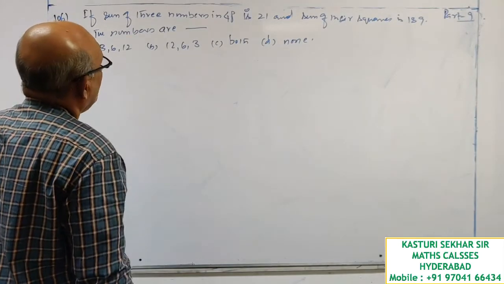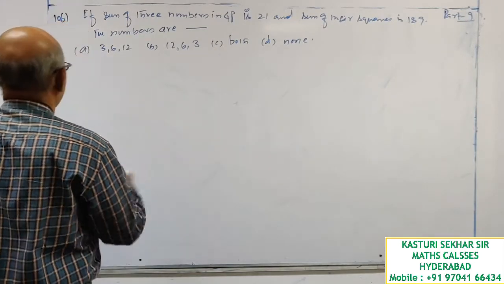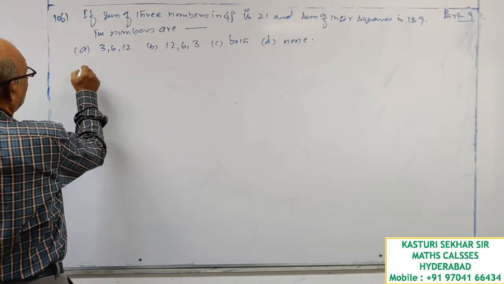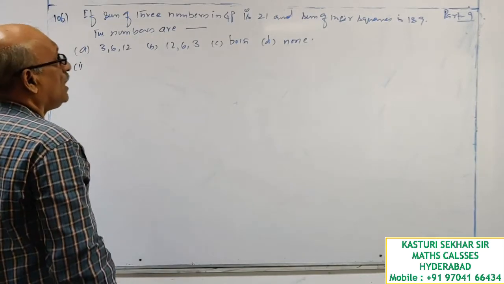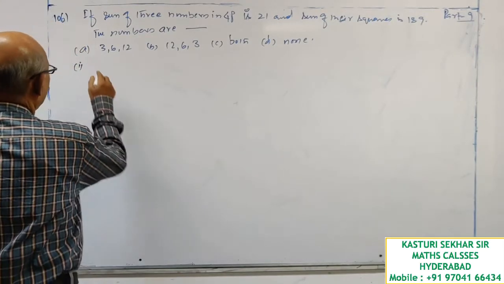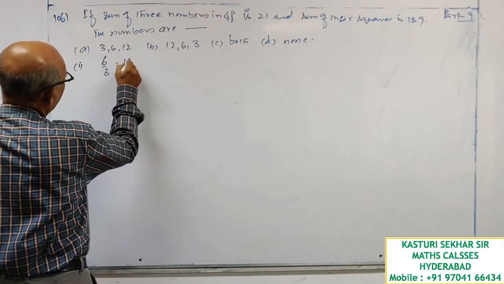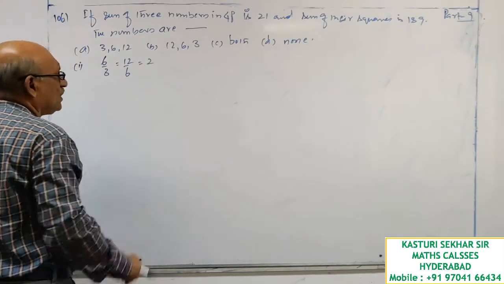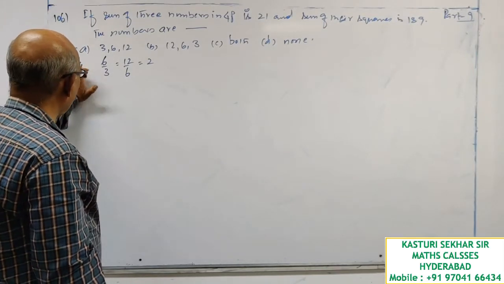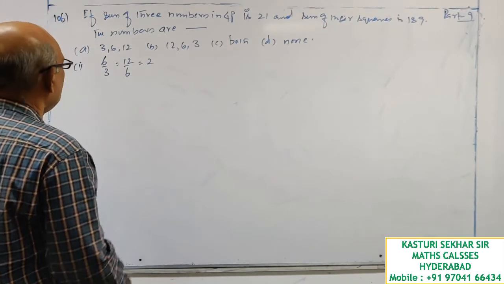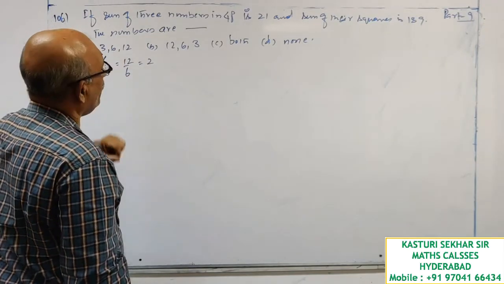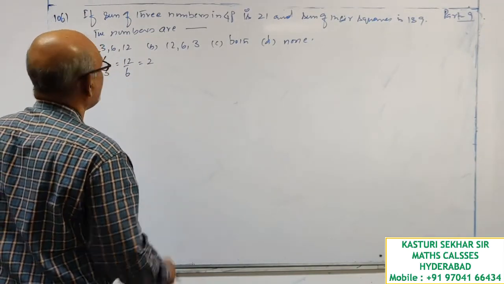Okay sir, sum of three numbers in GP. Let's take the option. First condition, the numbers are in GP means their common ratio should be equal. 6 by 3 is equal to 12 by 6 is equal to 2. First condition satisfied, so 3, 6, 12 are in GP.